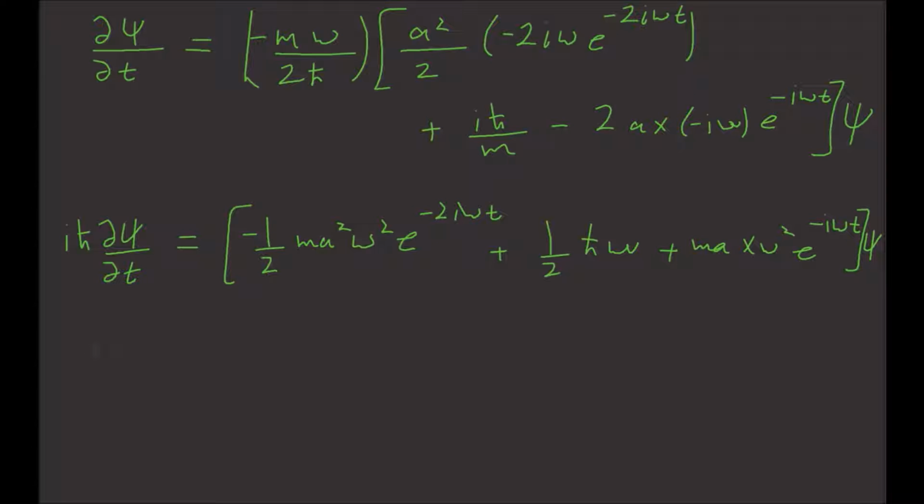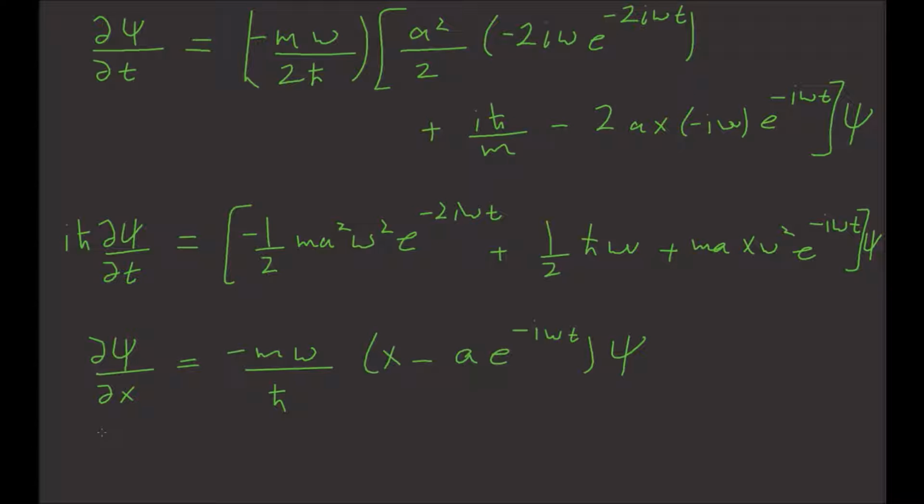So now let's take one x derivative of psi. So the partial derivative of psi with respect to x is, you know, you do the derivative and you do some simplifications, you get minus m omega divided by h bar times x minus a e to the minus omega t, of course, times psi.